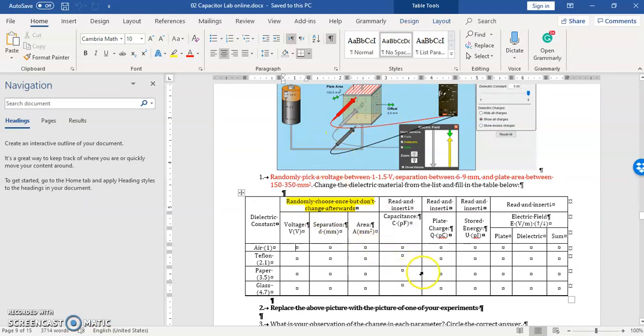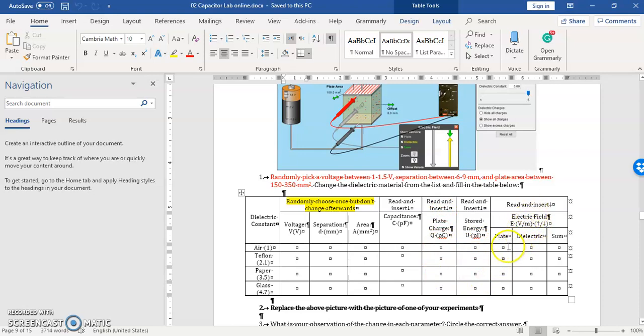Once you fill it out, you don't change it. Basically these are going to be repeated, and then you see how the capacitance is changing by going from air all the way to the glass, and then how the Q is changing, how the energy is changing, and how the electric field is changing.